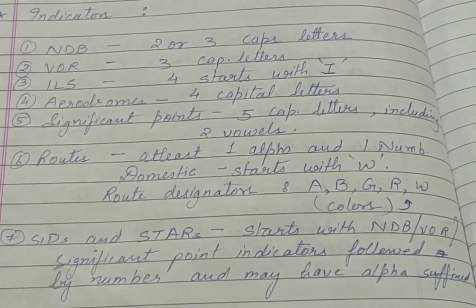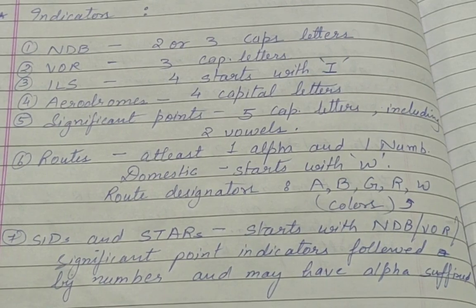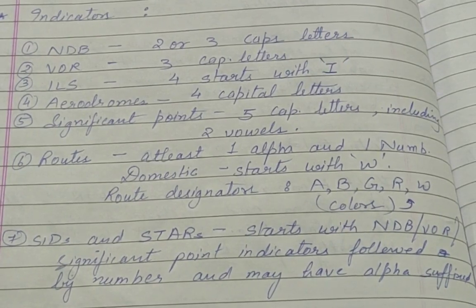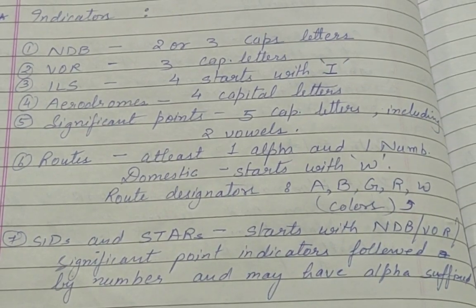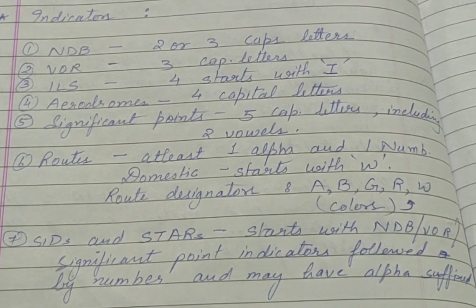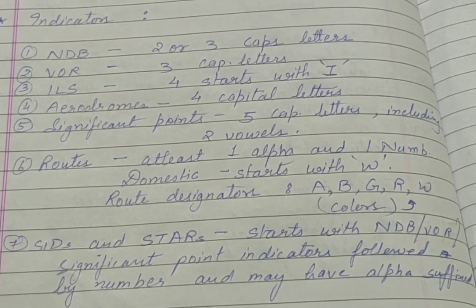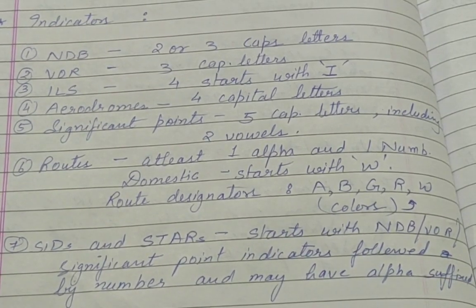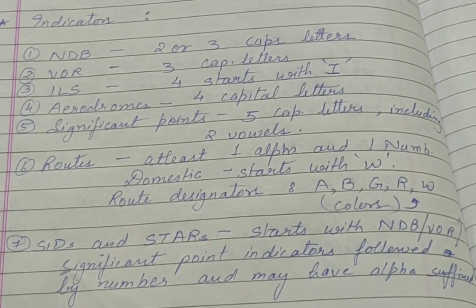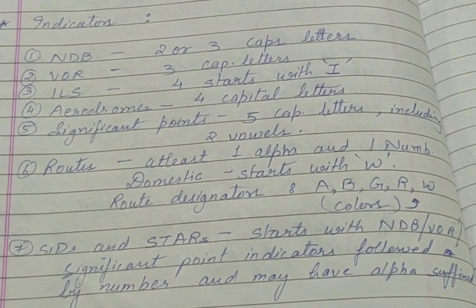Some other indicators. NDB is 2 or 3 letters in length, and it should all be capital letters. VOR has 3 capital letters, and ILS is a 4-letter code that starts with I. Aerodrome is 4 capital letters long.